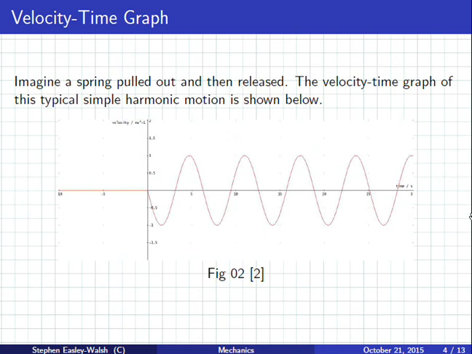The velocity at the beginning is negative because which way is the spring going? Down. And then it gets faster and faster, and then it goes positive because then it starts to go up. So this is why the velocity graph is going up and down, positive and negative, because the spring is going up and down. Okay?